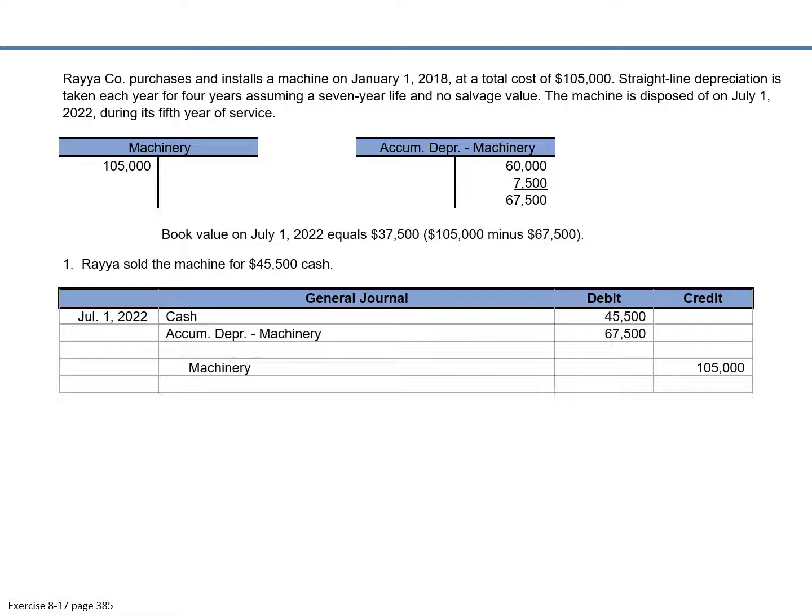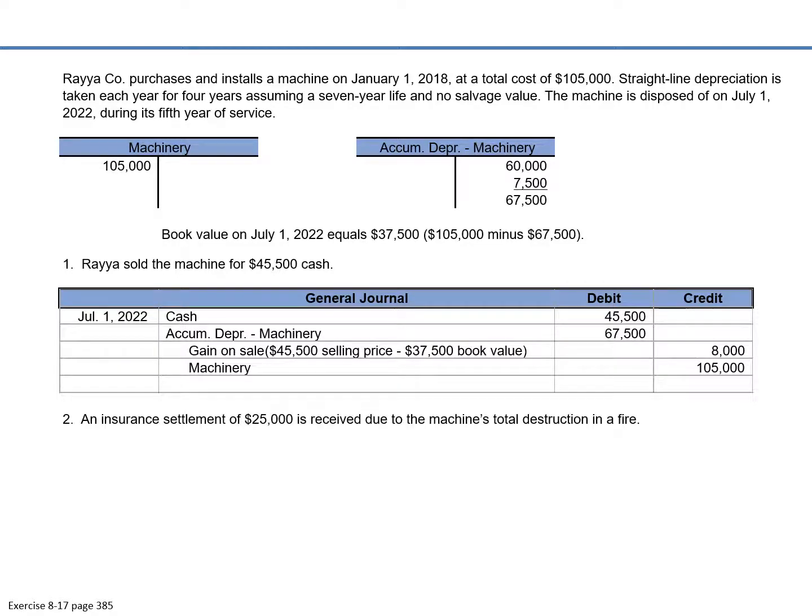We received cash for $45,500. So our cash was greater than our net book value because our net book value was $37,500 on July 1st. So we have a gain on sale equal to $8,000.